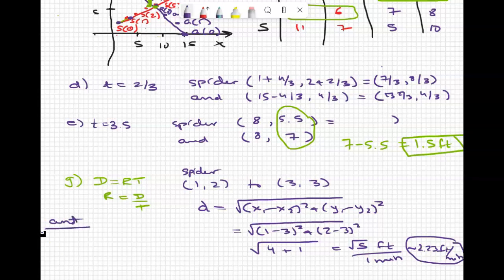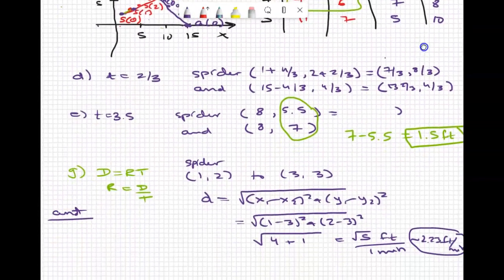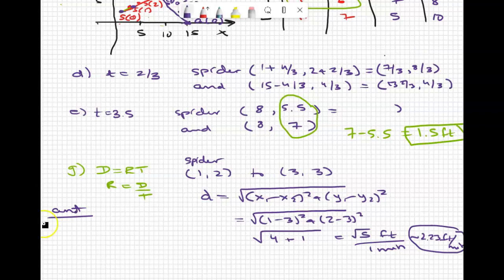Now the ant, let's do the same. Let's look at the first 2 points, 15, 0 and 13, 2. Find the distance. So 15 minus 13 squared and 0 minus 2 squared. 4 and 4.